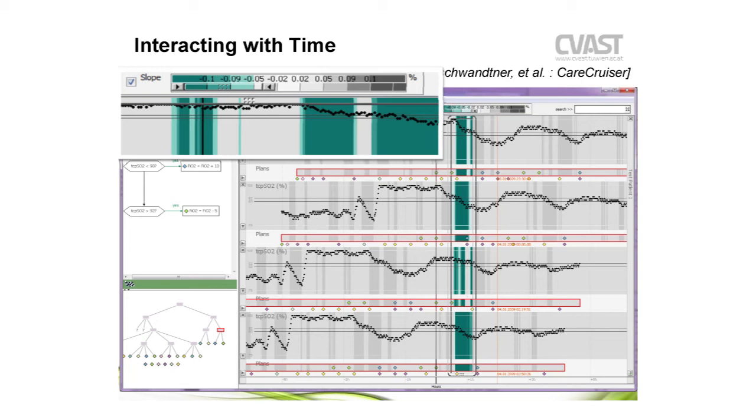And then you have a lens and explore in more detail how the patient is reacting. For example, here you want to see how the slope is changing, and you see easily that here one patient is behaving well, here there are some problems, and the other one is also behaving well. What you also see here is an action that was taken first, and then after a while the same action was taken again, and it has some delay effects.